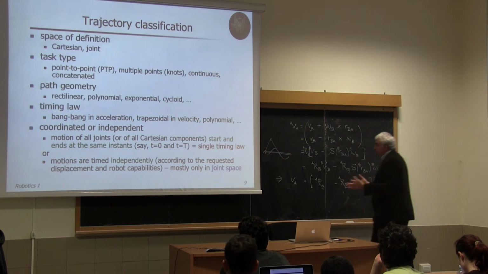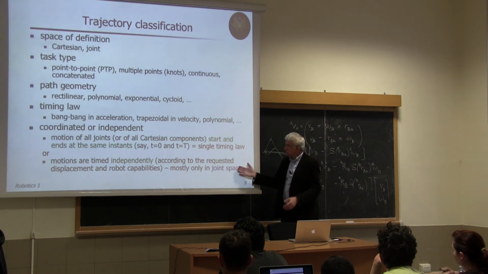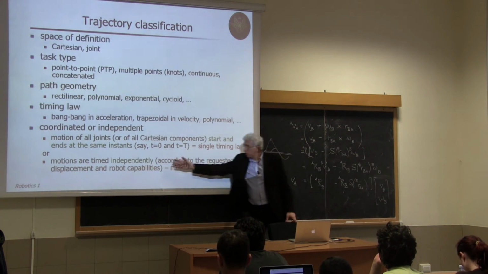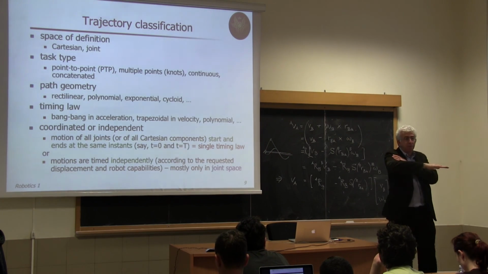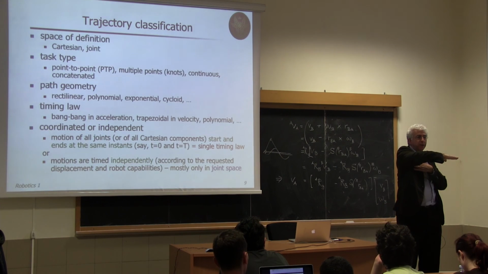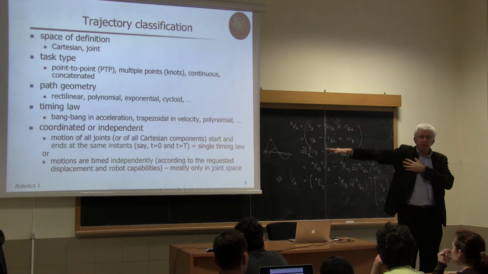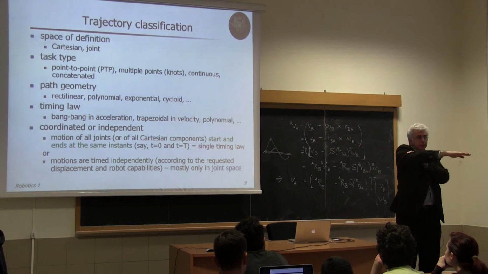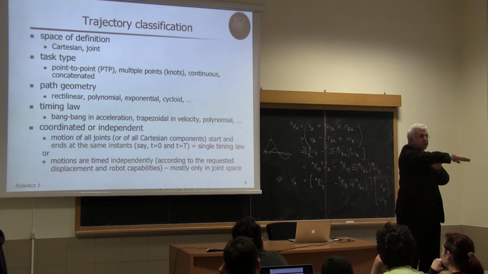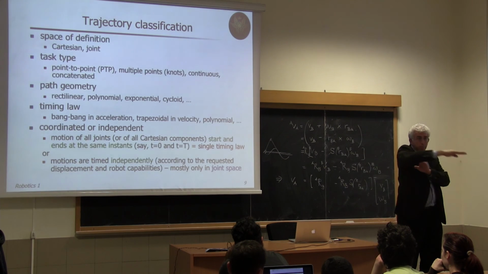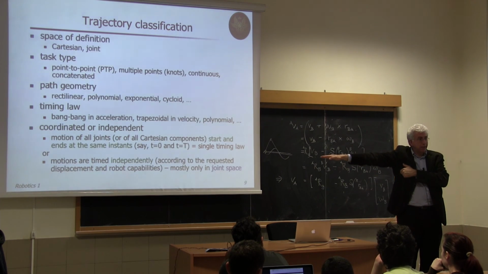In some very simple cases, mostly in the joint space, you could do independent motion of the joint. For my arm, for instance, if I need to go from here to there, this joint needs to do 90 degrees, and this joint needs to do 90 degrees, because both together, coordinated, is like this.